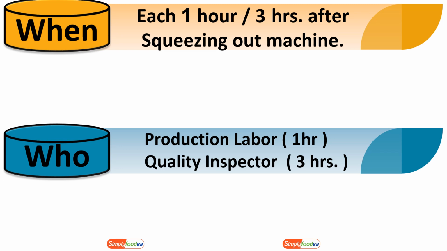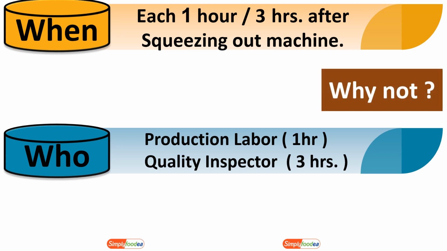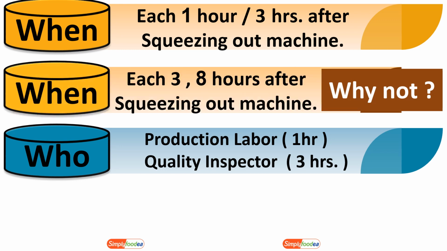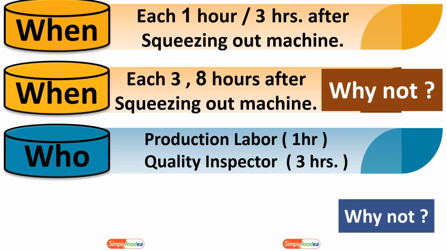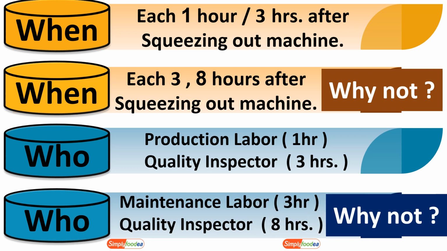But why did we not mention each 3 hours by the maintenance labor and each 8 hours by the quality inspector? Why production labor each 1 hour, not maintenance labor each 3 hours? And why does the quality inspector monitor this OPRP each 3 hours, not 8 hours? We must ask these questions.